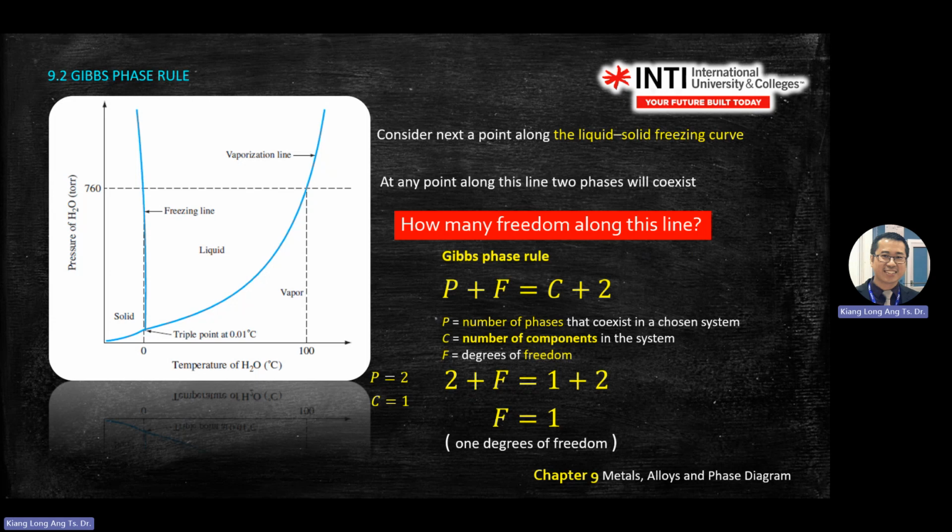Now if you play on this line, this one has 2 phases. This one has three phases. You cannot choose; 3 phases coexist at this point. You will see ABC at this one.